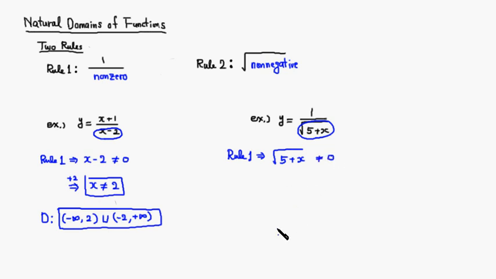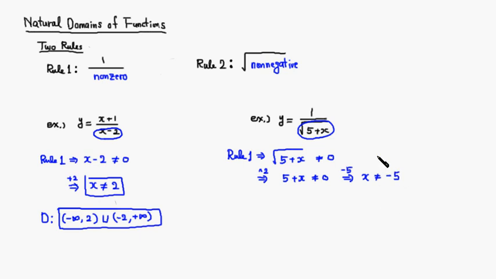We can simplify this by squaring both sides, because we don't like square roots. We have 5 plus x cannot be equal to 0, and we can simply subtract 5 to say x cannot be equal to negative 5.